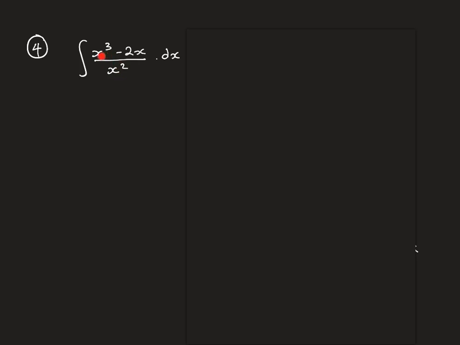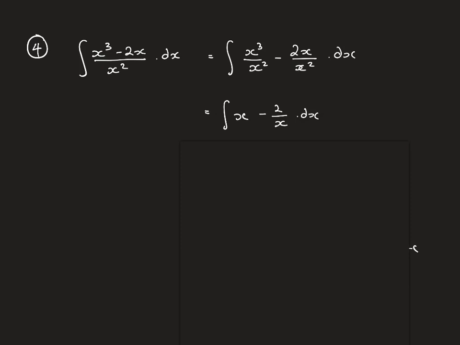And so I can write this fraction here as x cubed on x squared, take away 2x on x squared. I can split those fractions, and then simplify by dividing the first one by x squared and the second one by x.